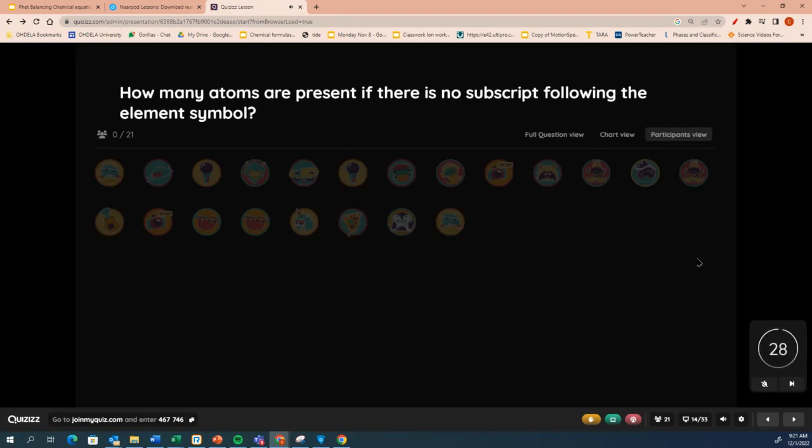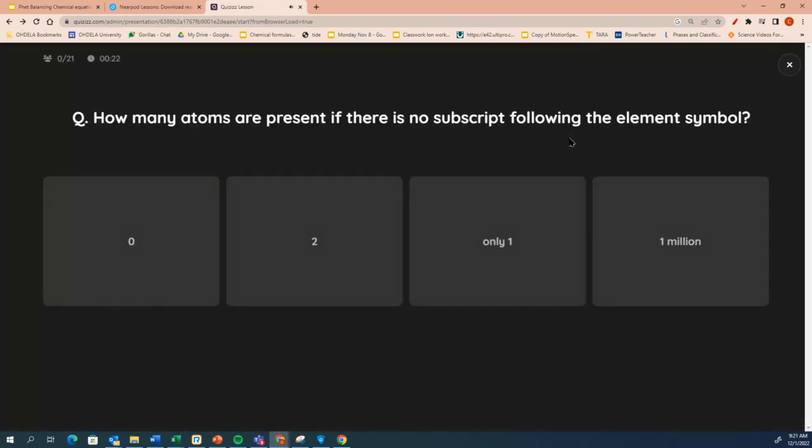All right, how many atoms are present in this symbol? How many are present if there is no subscript? Okay, so that would be like the letter H. There's no subscript. So how many?